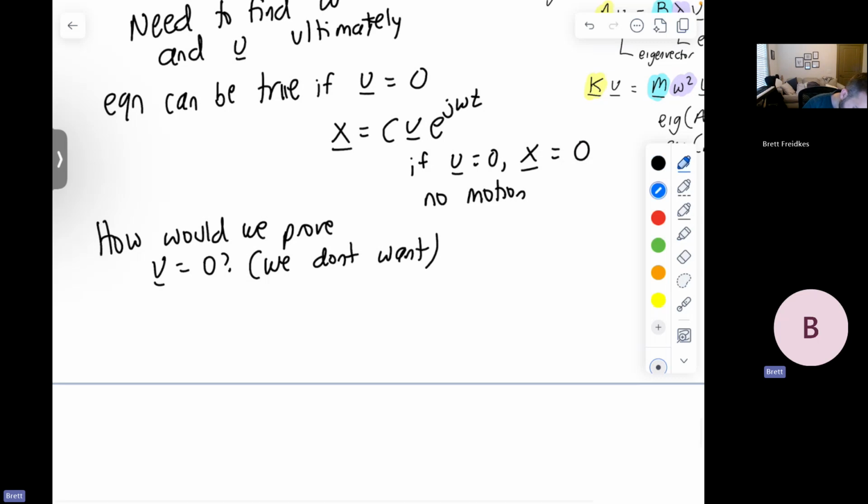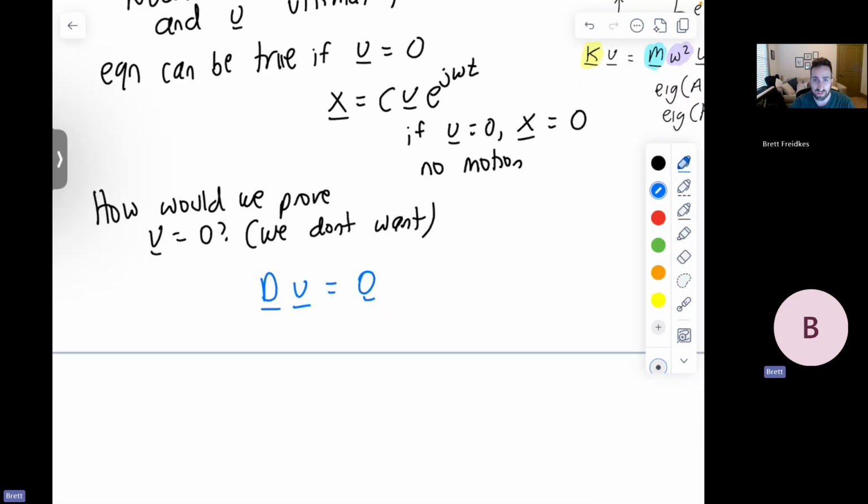Well, if I say to you, okay, I have some matrix, I don't know, D, and Du is equal to 0. If I wanted u to be 0, I can't divide by D, but what I could do is multiply by the inverse of D. And D is just arbitrary; I'm just doing this as an example.